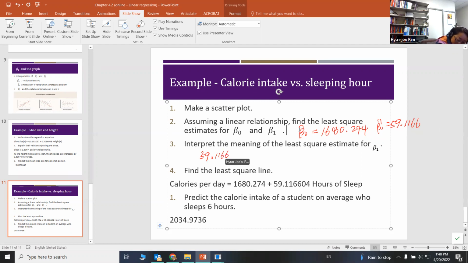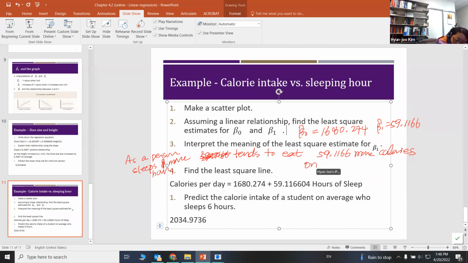Again, as our X was sleeping hour, as a person sleeps 1 more hour, he or she tends to eat 59.1166 more calories on average.